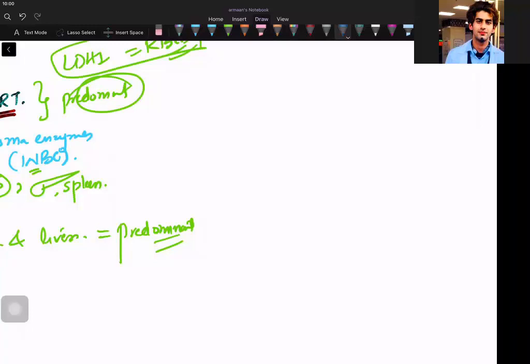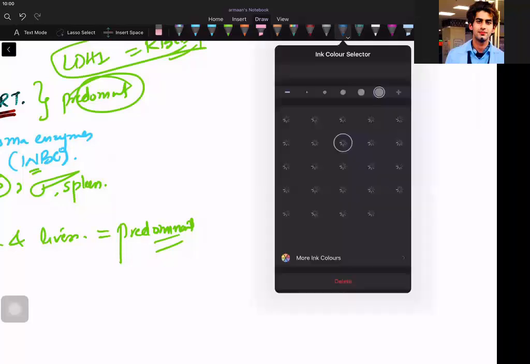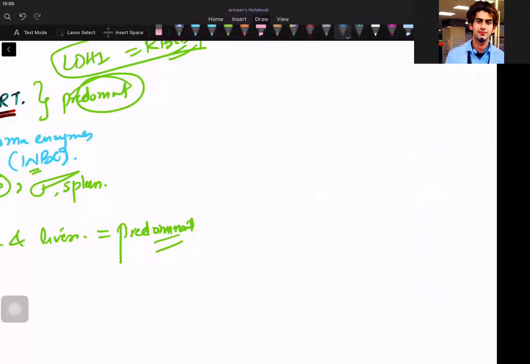To understand the motility concept, I don't want you to remember electrophoresis, but I want you to remember one concept. When you talk about motility, we are talking about electrophoretic mobility.